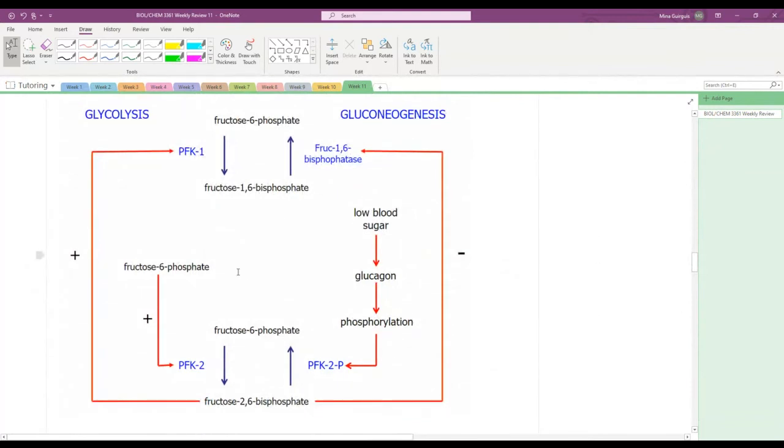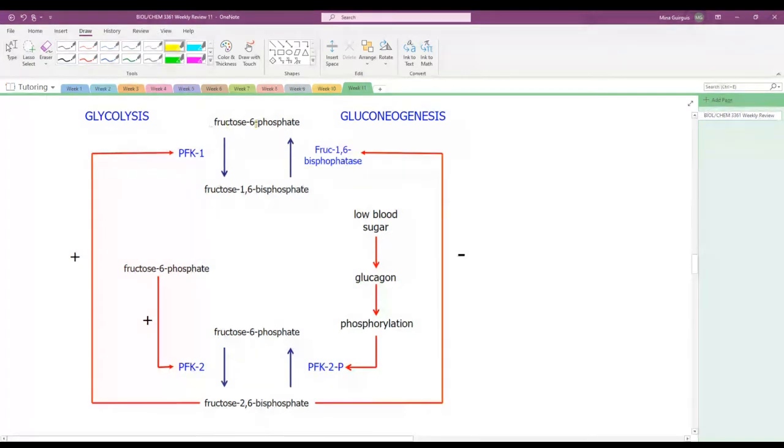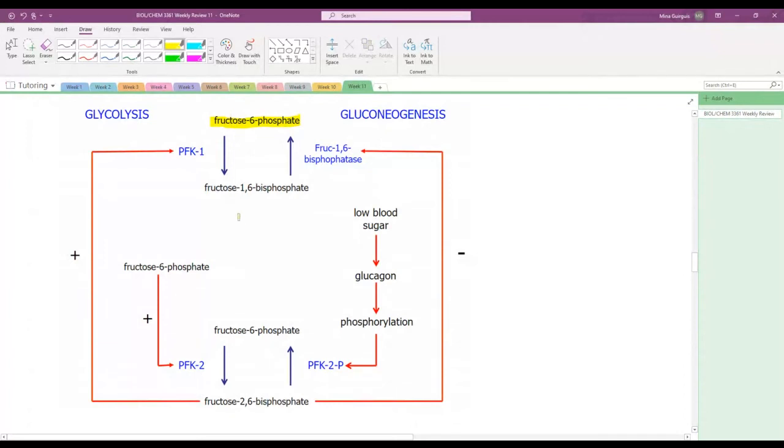So the left side is glycolysis, the right side is gluconeogenesis, right? We start off with fructose 6-phosphate, and it can be converted to fructose 1,6-bisphosphate by PFK. Let's follow that arrow back, and we get all the way down here. Fructose 2,6-bisphosphate activates glycolysis and inhibits gluconeogenesis.